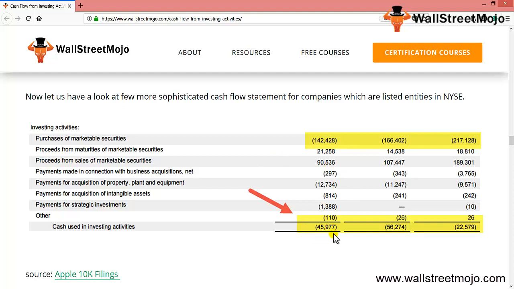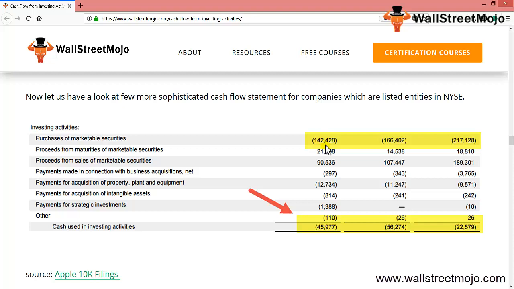Apple is heavily investing in the purchase of marketable securities. Apple purchased close to 142,428 billion worth of marketable securities in 2015. In addition, Apple generated cash inflows by selling marketable securities.